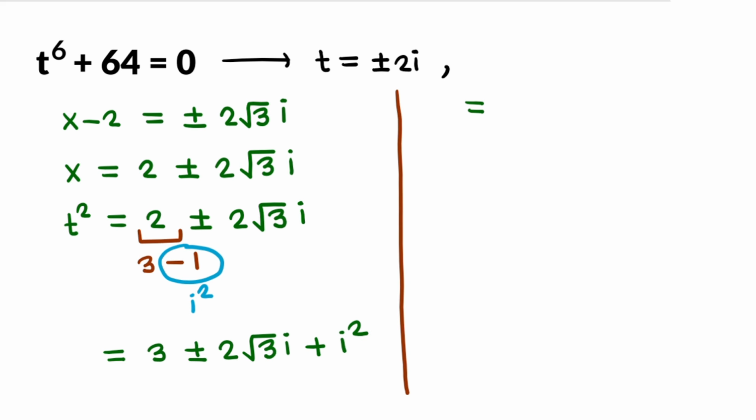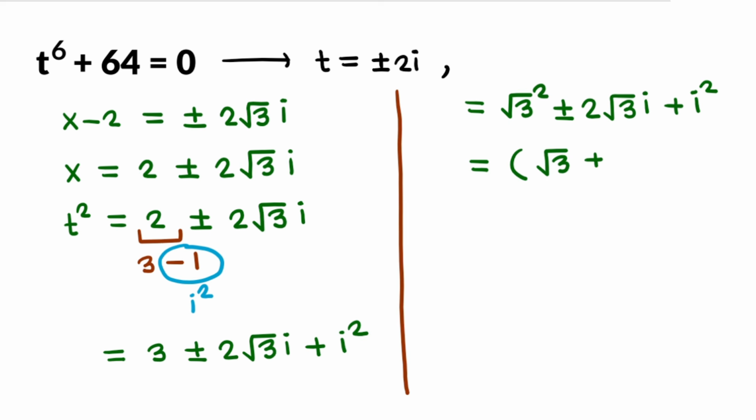So now we have the square root of 3 squared plus or minus 2 times the square root of 3 times i plus i squared. Look closely. That's a perfect square. It's the quantity square root of 3 plus or minus i completely squared.